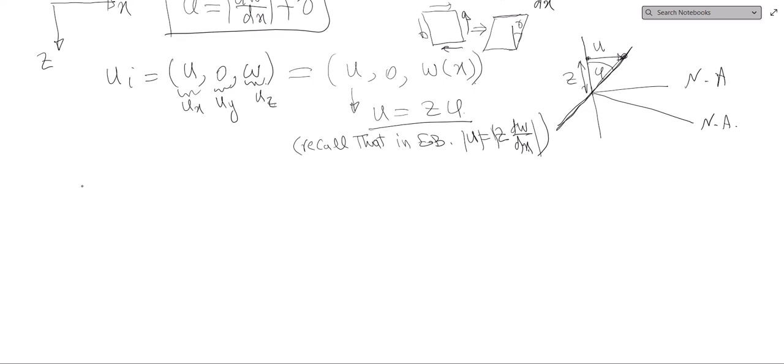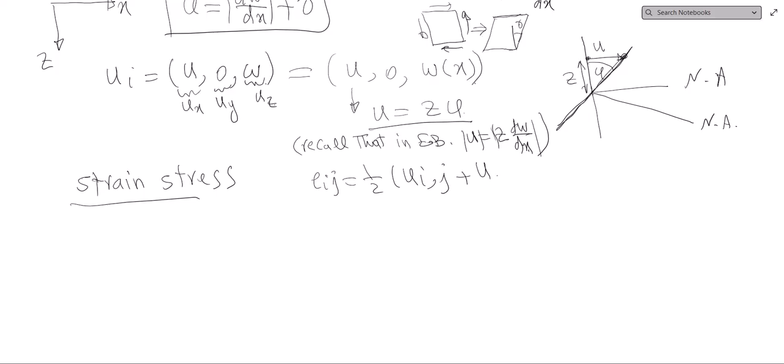Okay, so if this is my displacement field, then I go to the strain, and I use the formula that we had. Therefore, E_ij would be a matrix of 3 by 3.